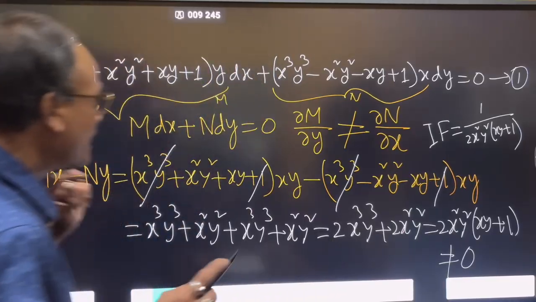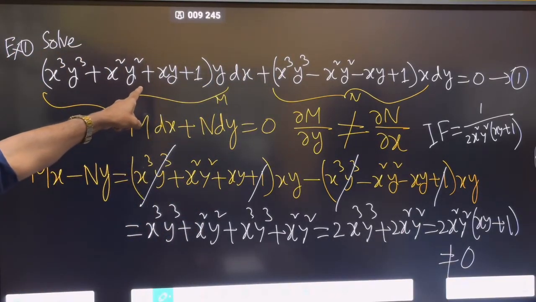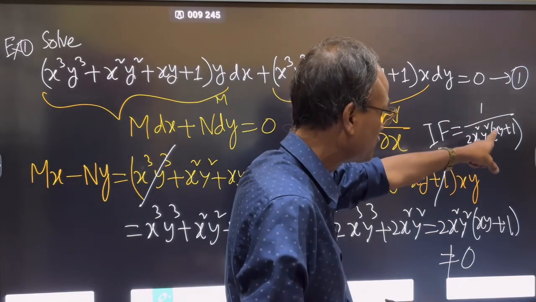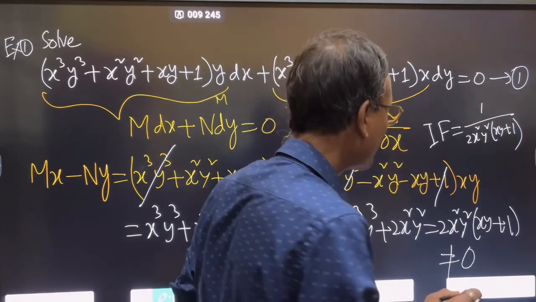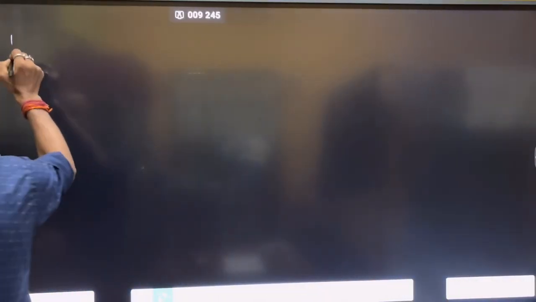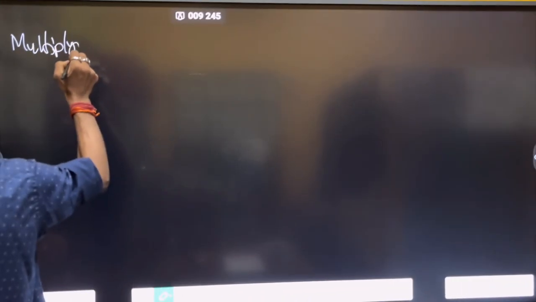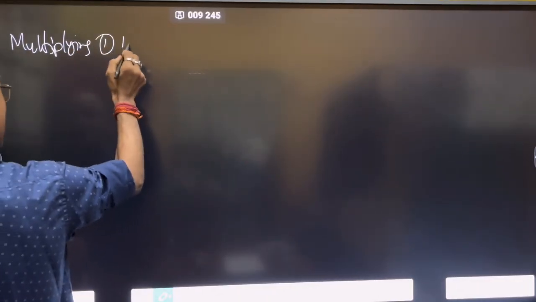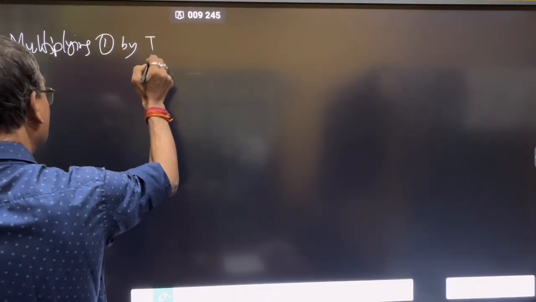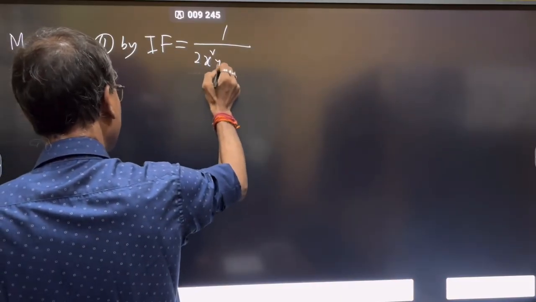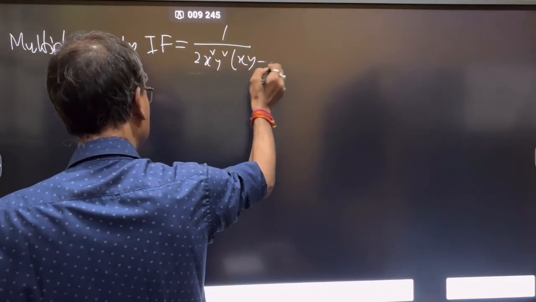Now multiply the differential equation 1 by the integrating factor, which is 1 by 2 times x square y square (xy plus 1).